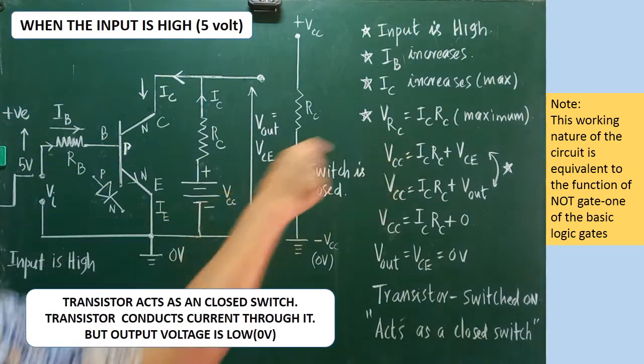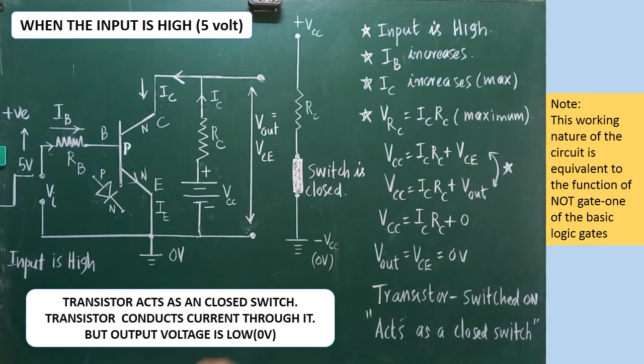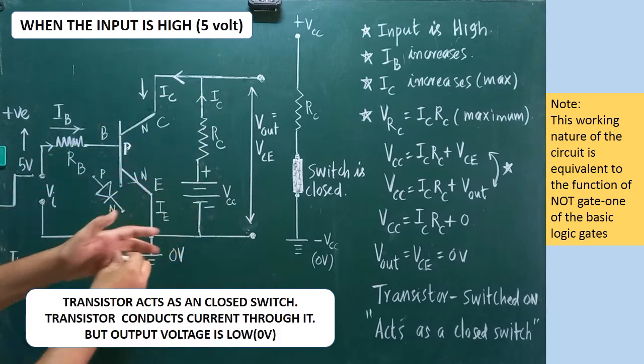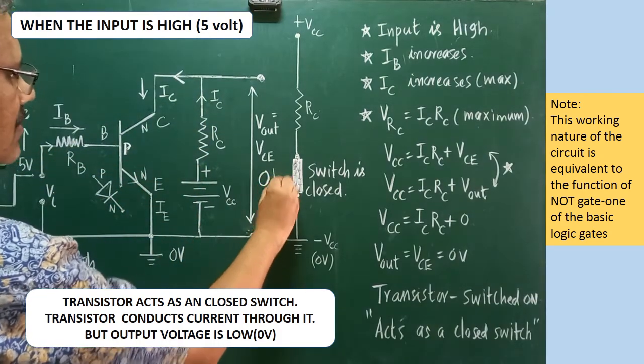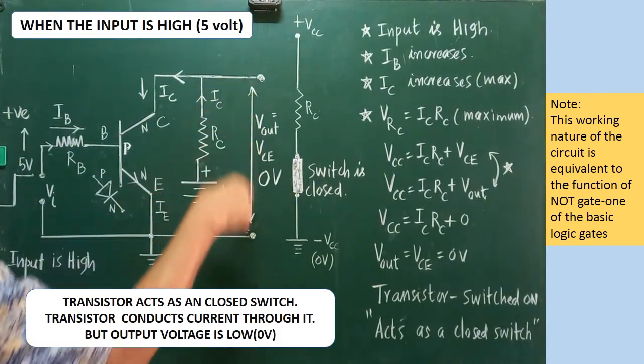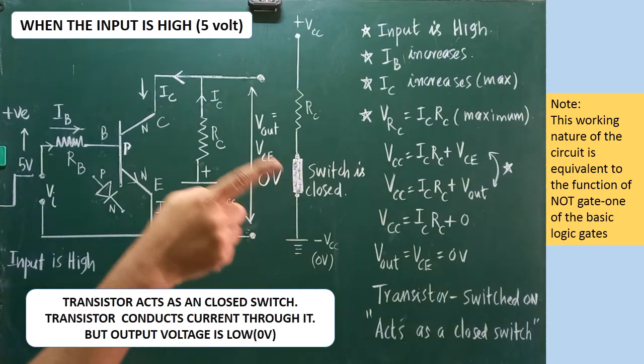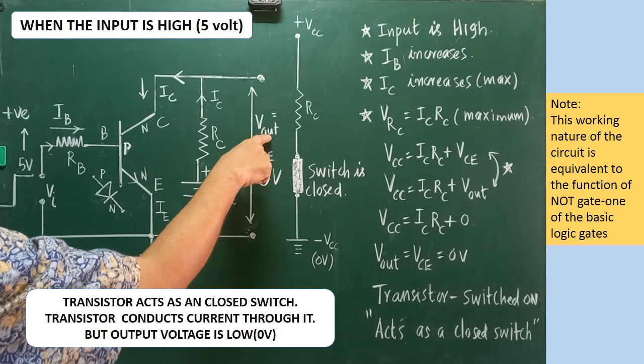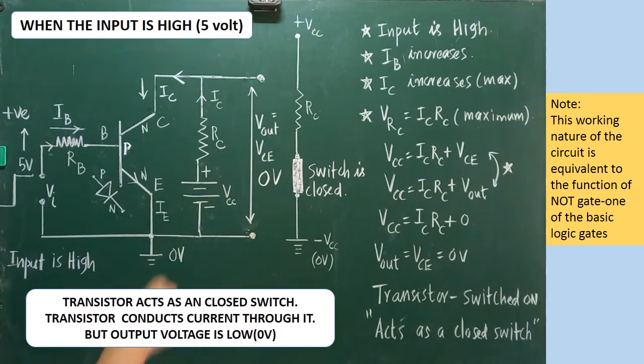That's why I have drawn the arrowhead. Are you clear? So here what will happen? If you measure the output voltage here, that one will appear as 0 volt. There won't be any potential difference across VCE. So the potential difference VCE is 0. Therefore, if VCE is 0, output voltage also will be 0.